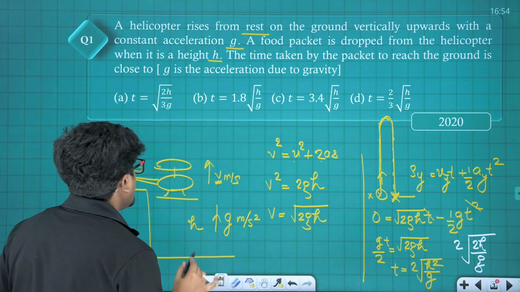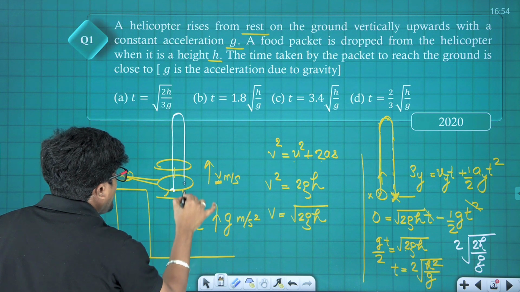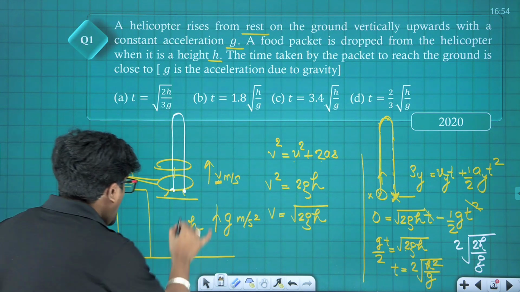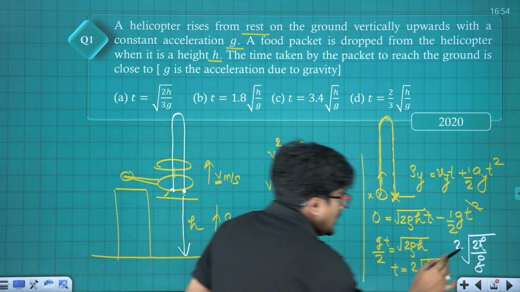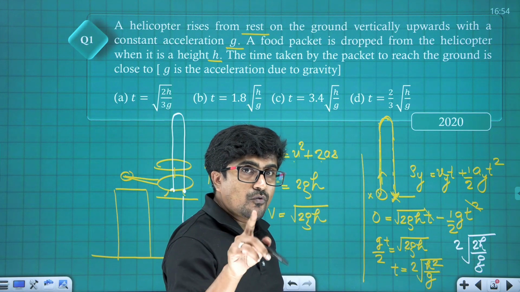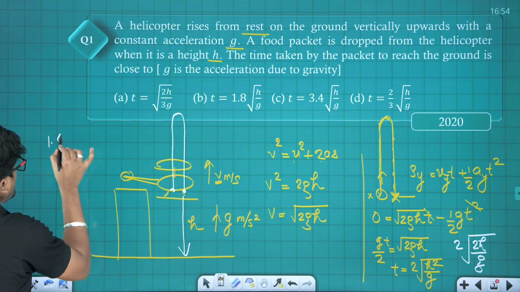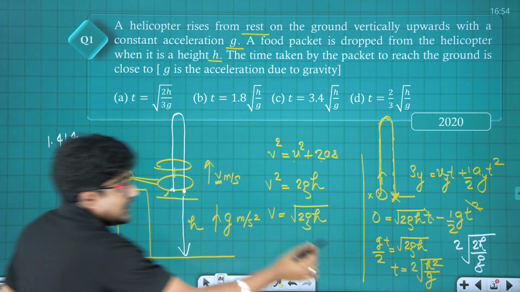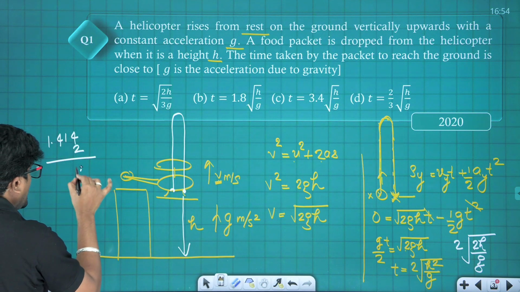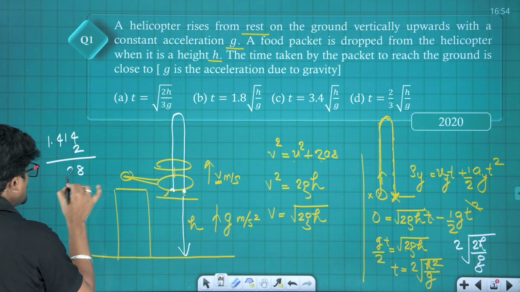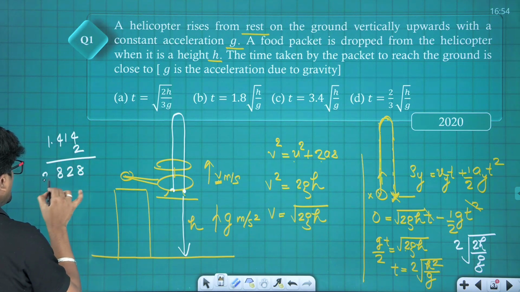Now please try to understand. It is the time taken by the food packet to go up and come back to this particular position, and now it needs to travel more. Now have a look. Under root of 2 is 1.414. 1.414 into 2 is 2.828.